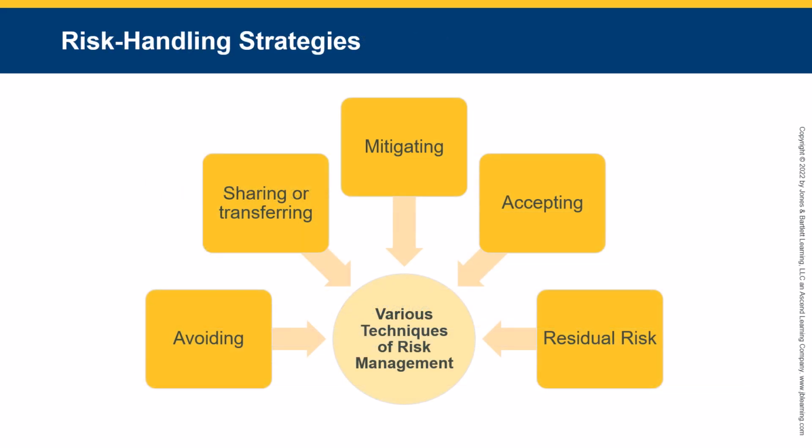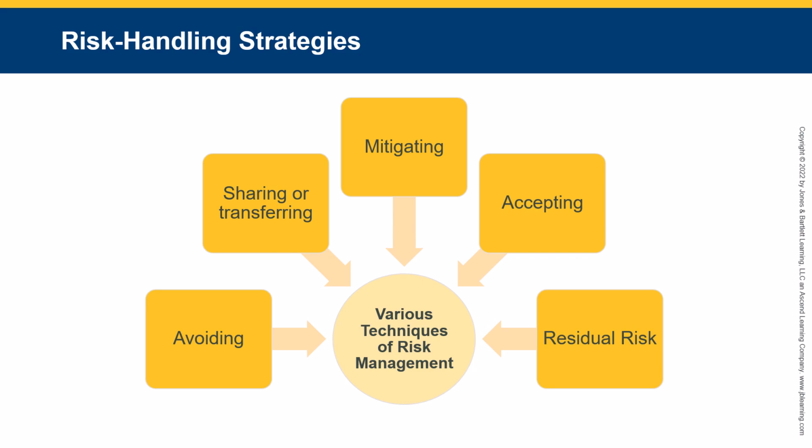All of this goes back to risk management and the varying techniques. We're going to dive deeper into the varying techniques, but right now the 5 main strategies are: you avoid risk or you transfer risk. When possible, you mitigate risk.